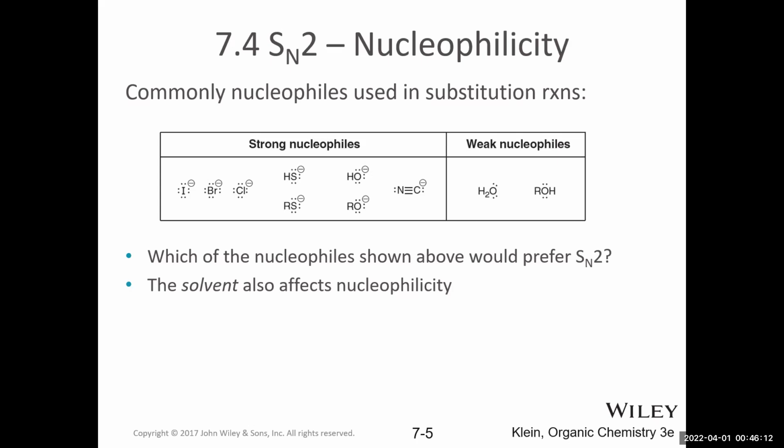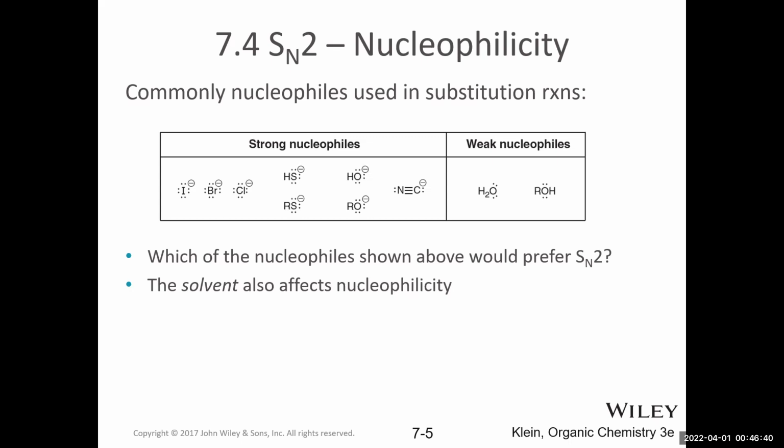And another factor that's important as well is that the solvent also affects nucleophilicity. And so that's a little bit confusing because sometimes we categorize nucleophiles a certain way based on their strength, but that's sort of dependent on the solvent that's being used. So solvents can be categorized as what we call polar protic or polar aprotic.